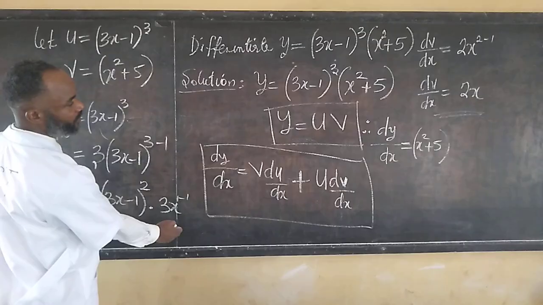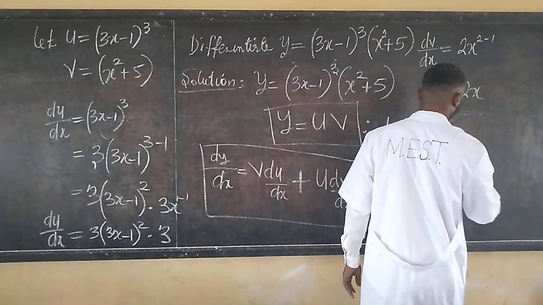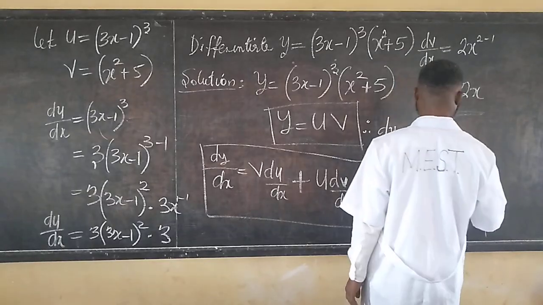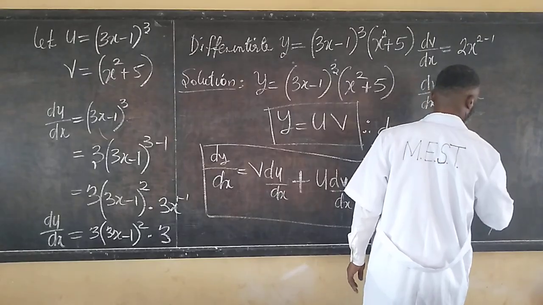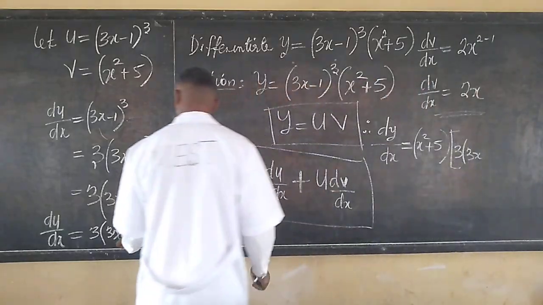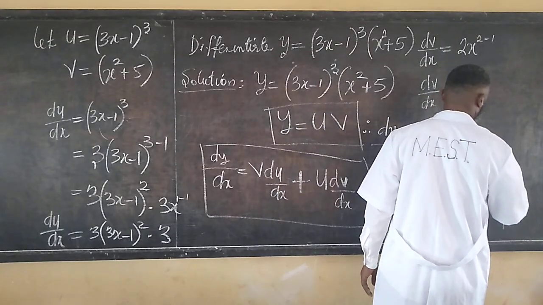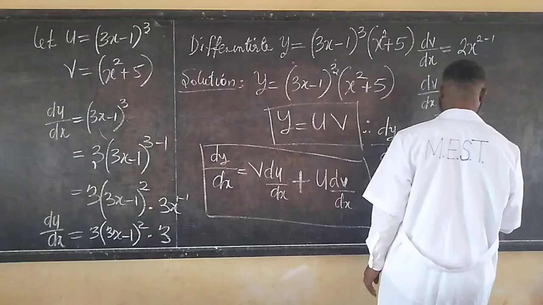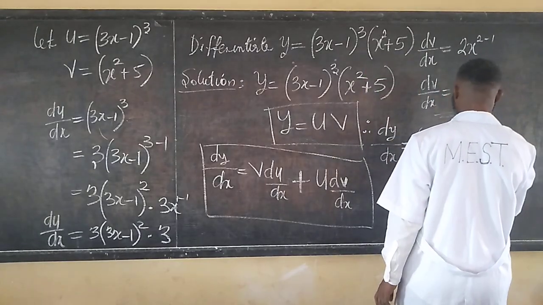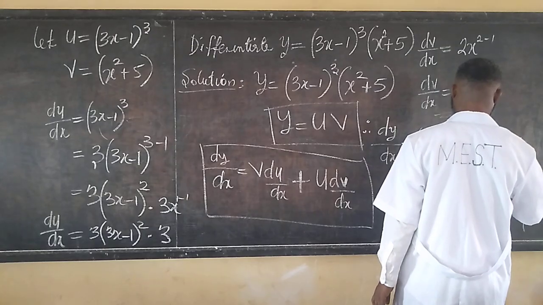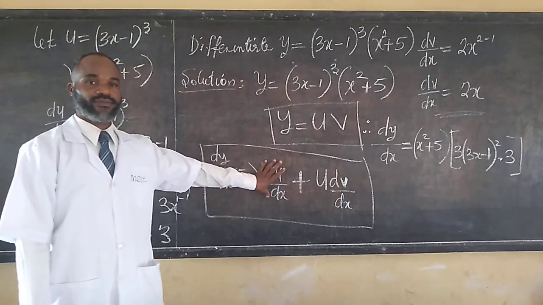First of all, we have 3 brackets, 3x minus 1, bracket squared, and then dot 3 times 3. Good. So we have this for this.